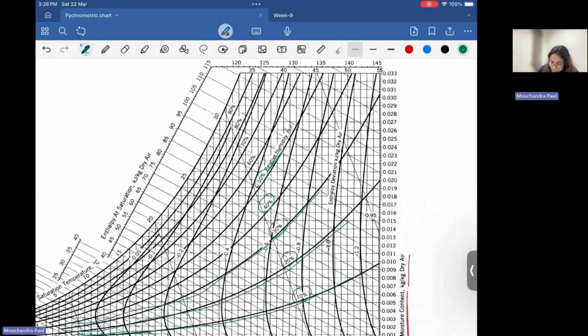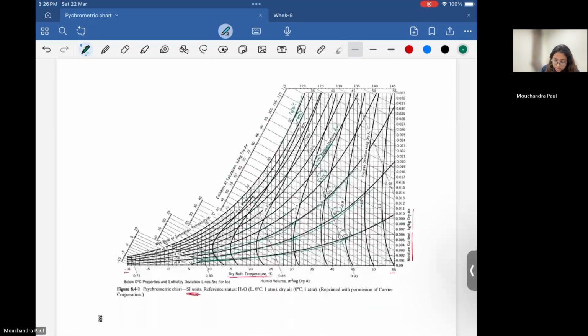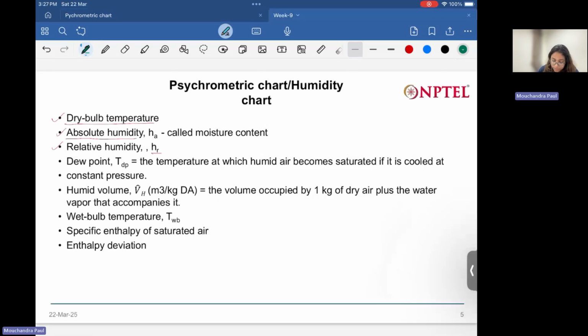In this chart we have them up to 100%. This is 90, and the last line is 100% relative humidity. So these three are important.